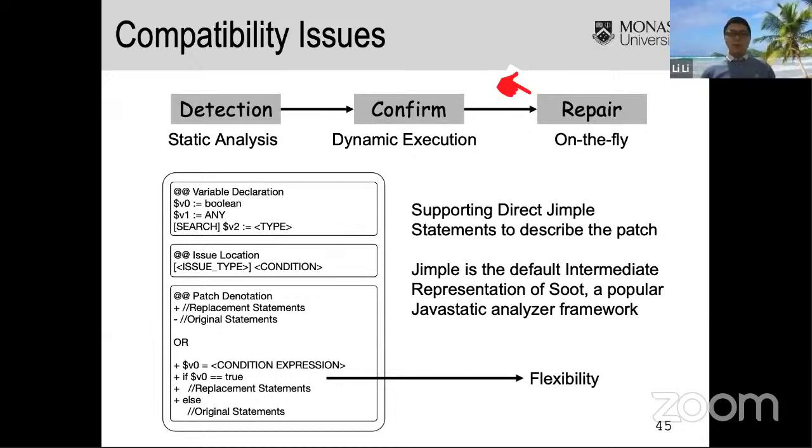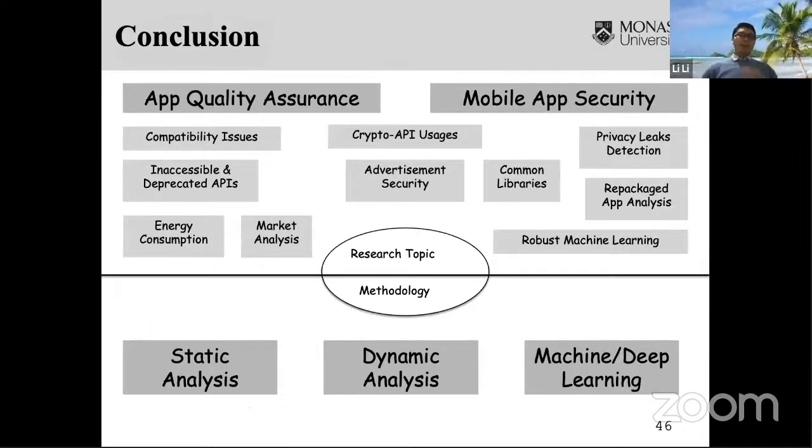Please look around. In this talk, I have mainly talked about the methodologies that our fellow researchers as well as our research teams applied to tackle various mobile problems: static analysis, dynamic analysis, as well as machine learning and deep learning based approaches.